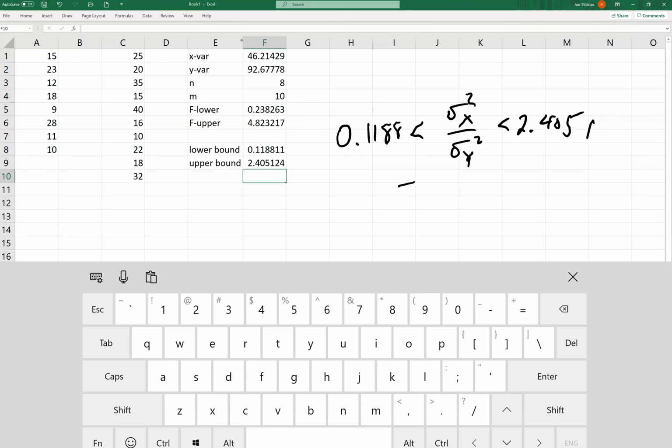Or if you were writing it as an interval, you would write it this way. And then just like what we talked about for confidence intervals for standard deviations, you would just take the square root of both of these to get a ratio of the standard deviations. No big deal there.